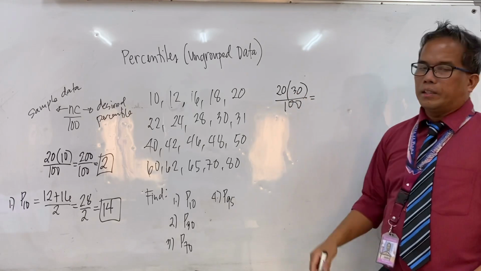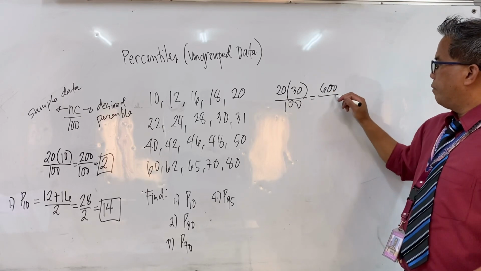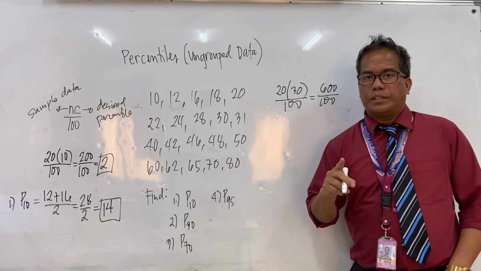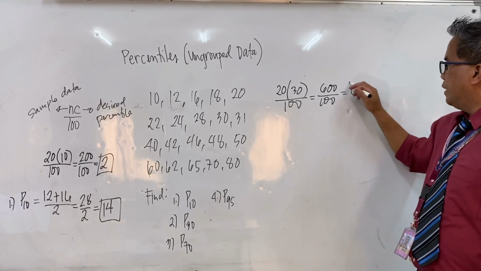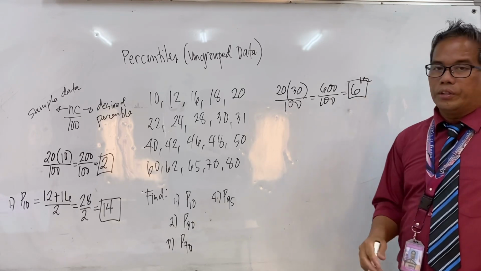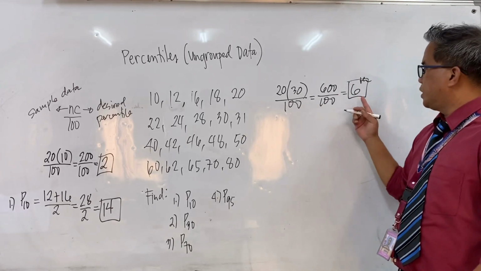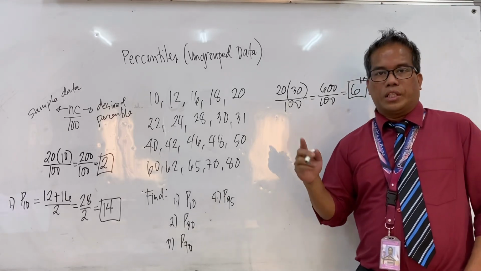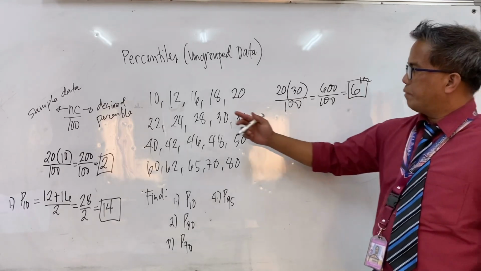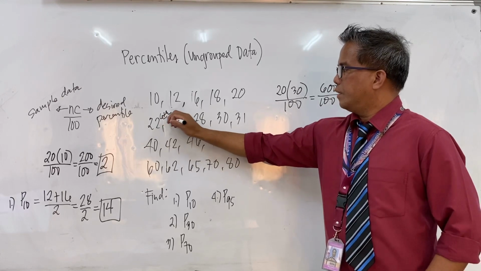So 20 times 30 equals 600, divided by 100 is equal to 6. Then 6 is an integer. If it is an integer, just add 0.5, so it will become 6.5. The sixth term, counting here, 1, 2, 3, 4, 5, 6. So this is the sixth term.